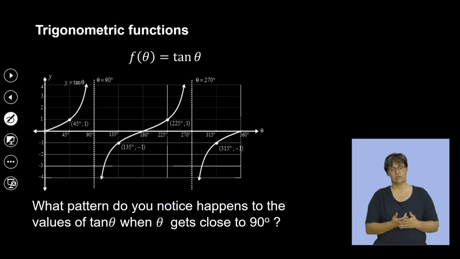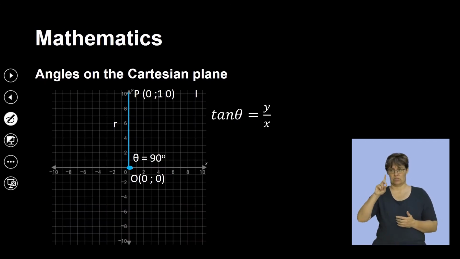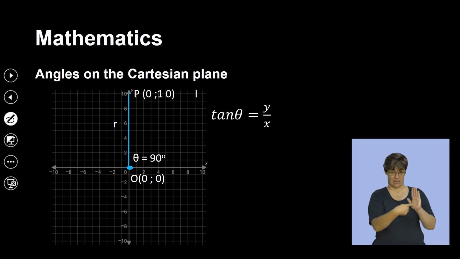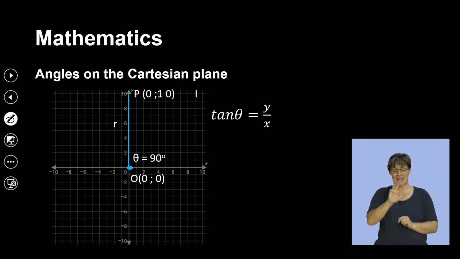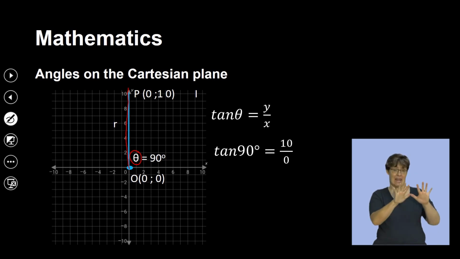Now with the amplitude, guys, remember that on the Cartesian plane, if I look at tan theta and I want to find tan theta here, and my theta is 90 degrees, you can see it will lie on the y-axis. And on the y-axis, the value of x is 0. The value of y, we might have it; in this instance, our y is 10. If I want to solve this, tan 90 degrees is 10 over 0.